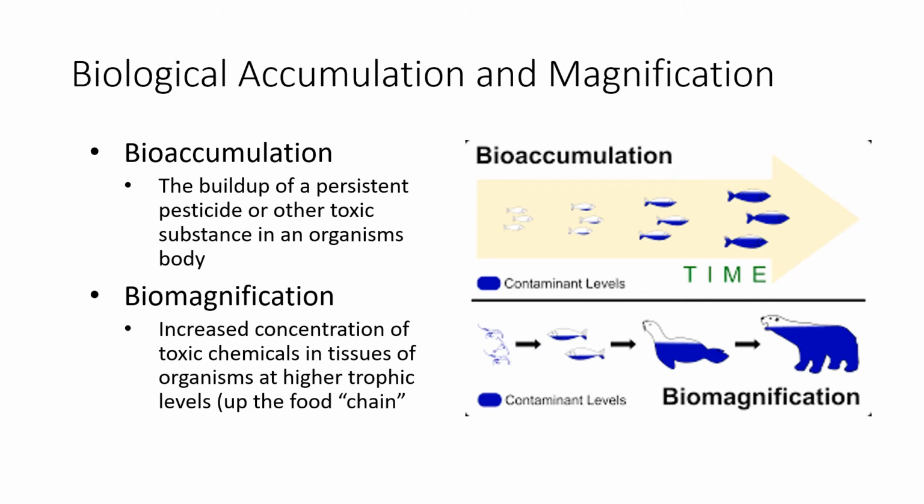So DDT is a persistent organic pollutant, and any persistent pollutant is going to bioaccumulate because you can't break it down as an individual, right, as an organism. That's why they're persistent. And so they build up the more and more you're exposed to it. There's bioaccumulation, where over time you are building up those contaminant levels. It's accumulating in your own tissues.